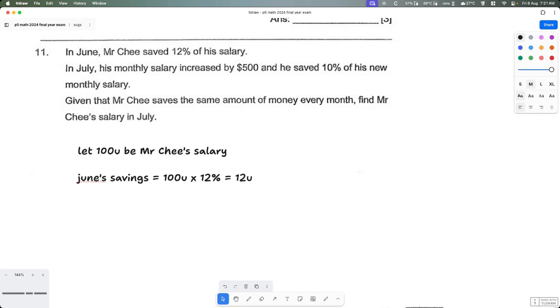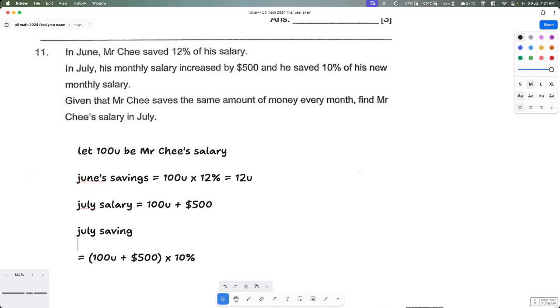Then for July saving, I'm just going to copy this. July salary is equal to 100 units plus $500. Then he saved 10%. So July saving is equal to this whole new salary in brackets, multiplied by 10%. Always put it like this.